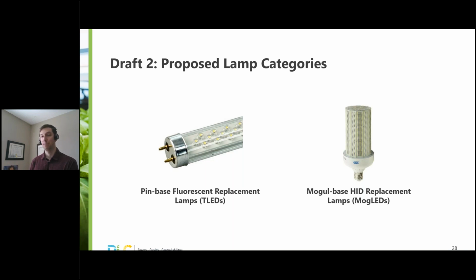Then there are the Mogul-base lamps, also known as HID replacement lamps, corn cob lamps, or MogLEDs, which again, I'm going to use today because it's short and easy. So again, whatever we want to call them, the DLC is referring to them as LED lamps that are intended to replace single-ended high-intensity discharge lamps that have an E39 or an E40 base.